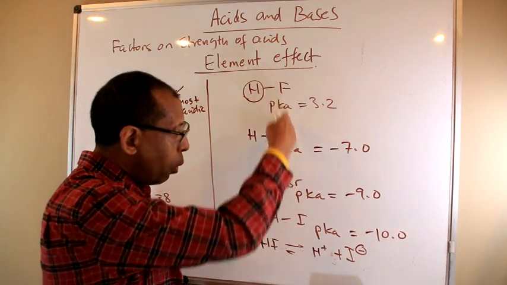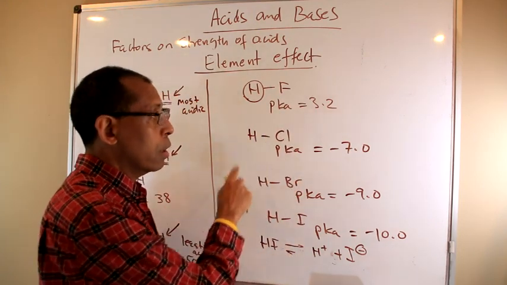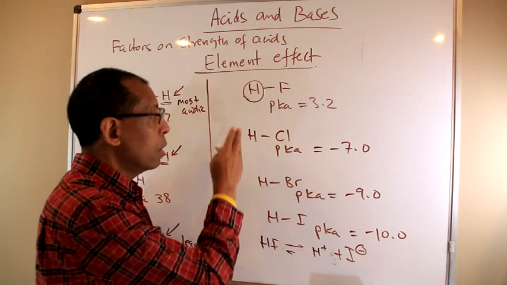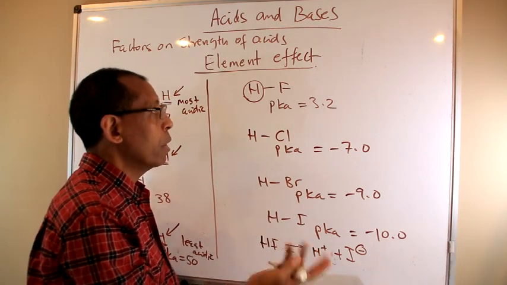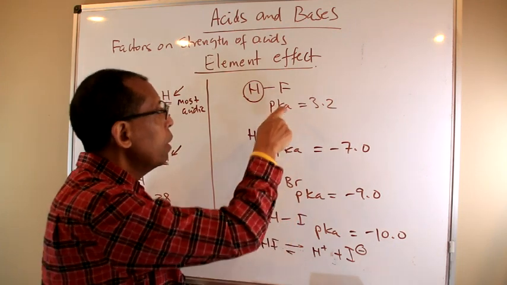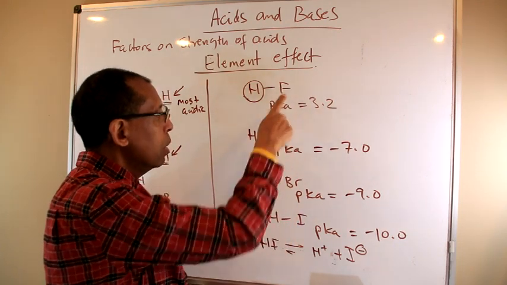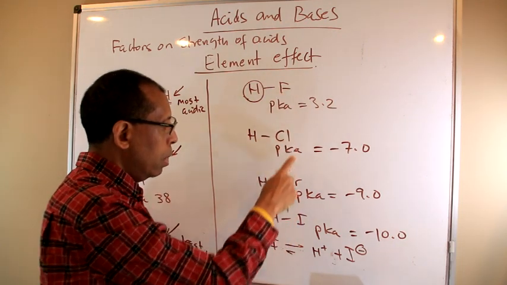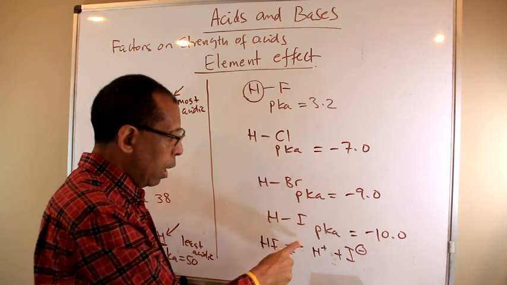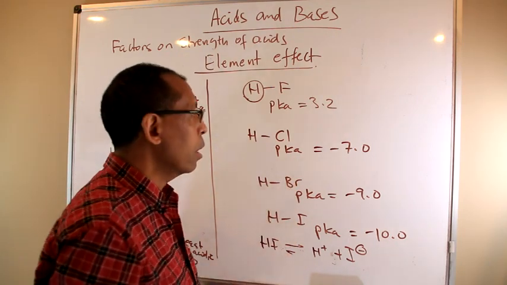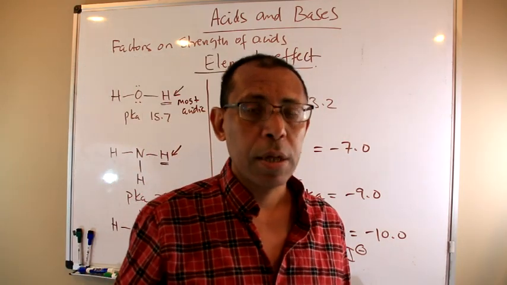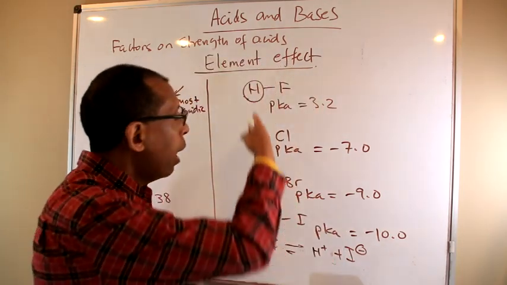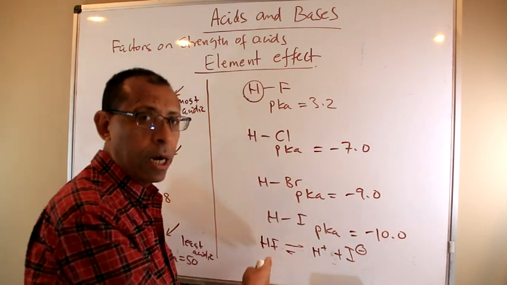So it's not only the electronegativity in this scale. And this is just showing you how the elements differ in size. For example, here fluorine is the smallest, chlorine is the next one, then bromine, and iodine is the largest atom here. So in terms of atom property, it's not only electronegativity, but how easy it would be to break the bond.